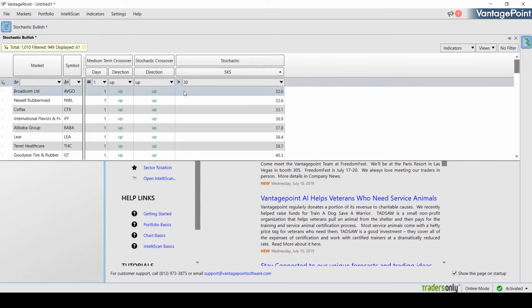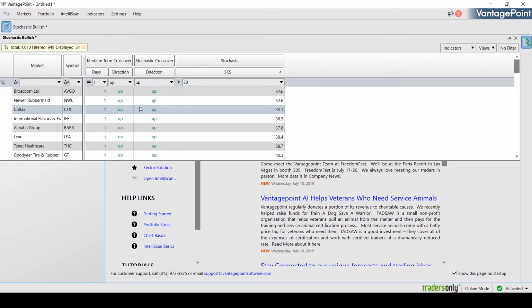So the way we've set this one up, guys, is greater than 30. Anything greater than 30, we're looking for something that is probably coming out of an oversold condition, prime for a potential buying opportunity. It's probably coming out of a weak market or a downtrend.